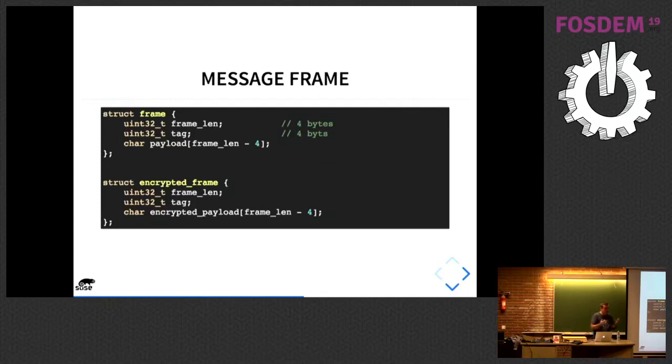It has a length, it has a type, so there are many kinds of frames, and then you have a payload, okay? And all the things we send between peers are enclosed in frames. And the same thing for when we start to encrypt the payload, we will basically have an encrypted frame, which is still a frame, right? It has a length, a type, and only the payload is encrypted.